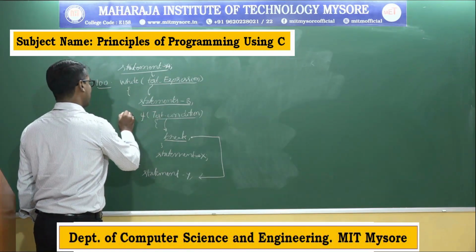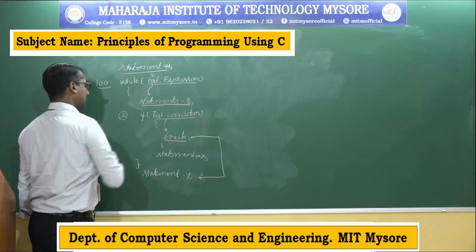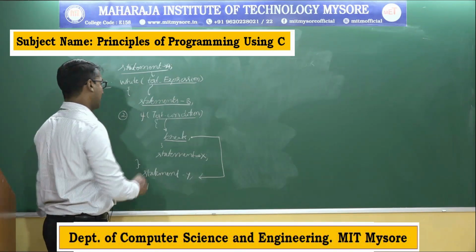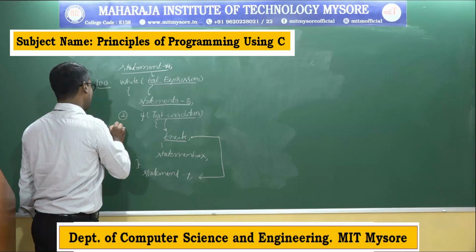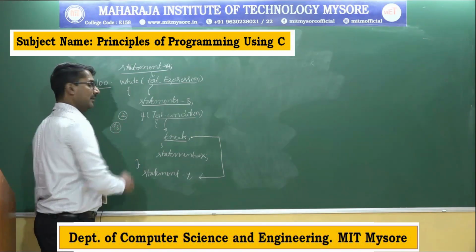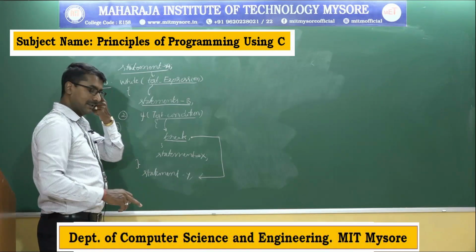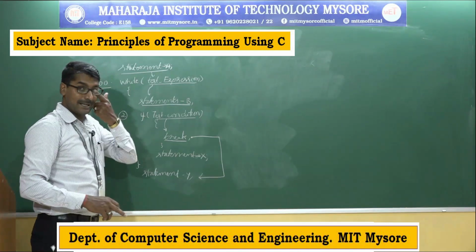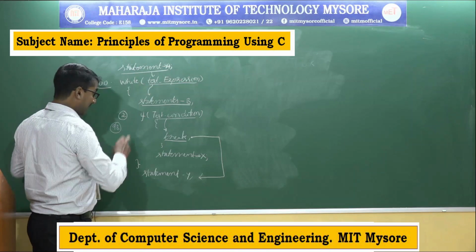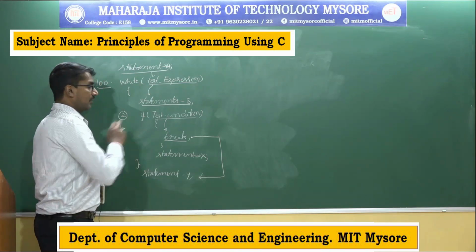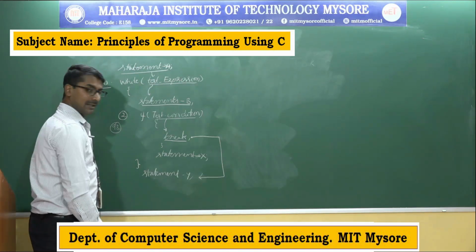Here the condition is evaluated at the second iteration itself, so the remaining 98 iterations will be skipped. The 98 iterations will not execute once the break statement occurs.